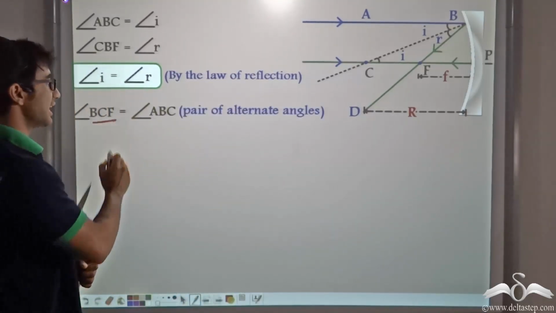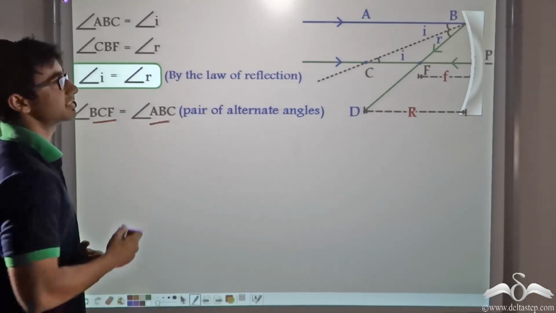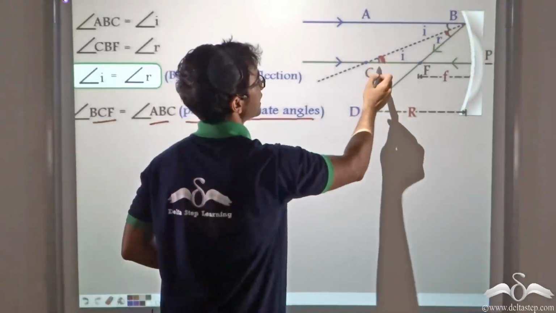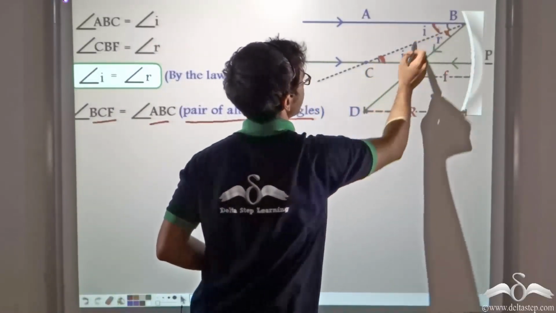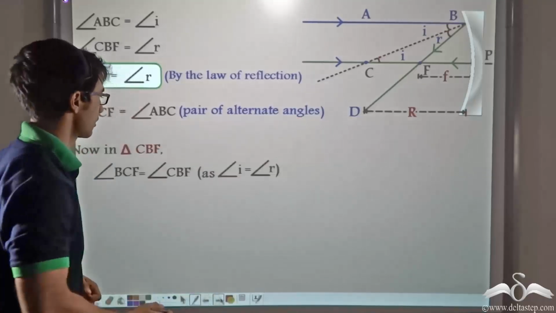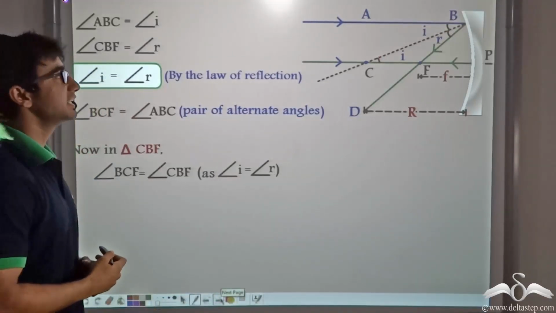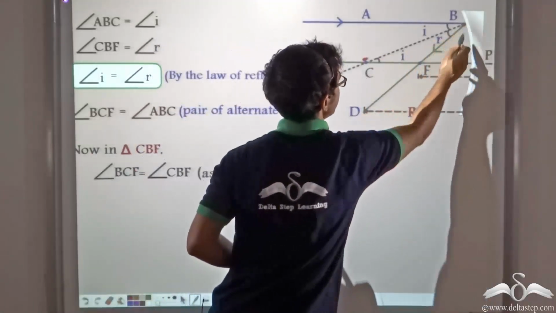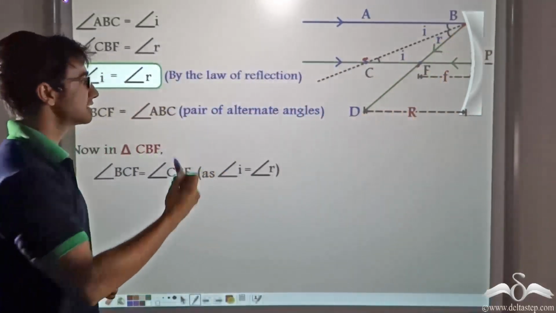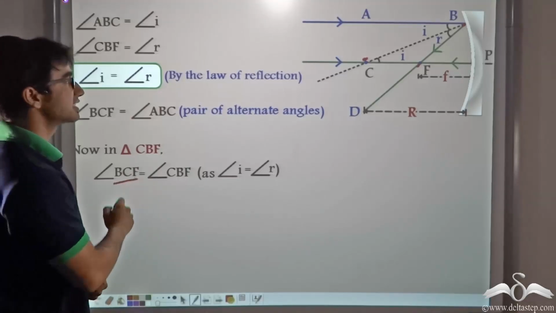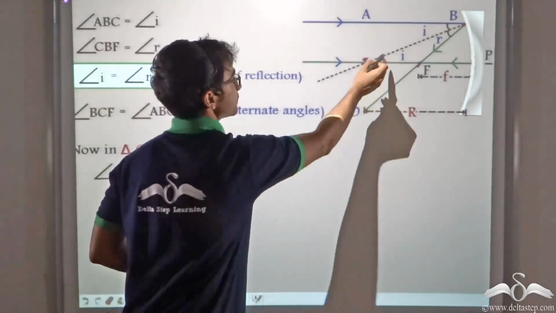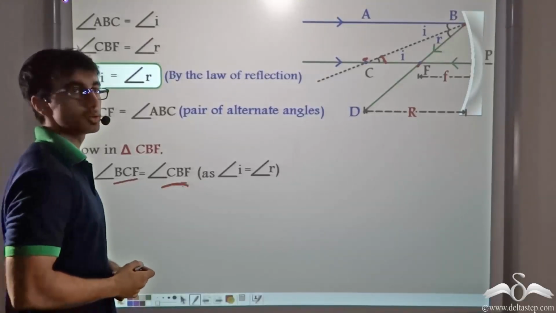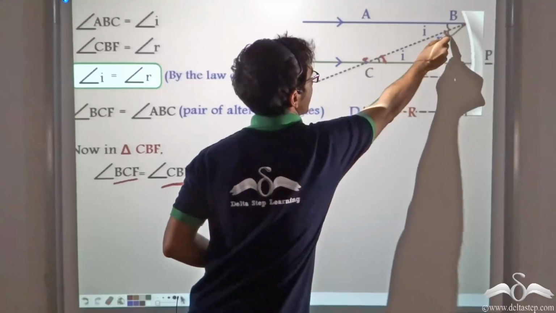Now angle BCF is equal to angle ABC because they are a pair of alternate angles. So we can say that in triangle CBF, angle BCF, that is this angle, is equal to angle CBF, which is this angle.